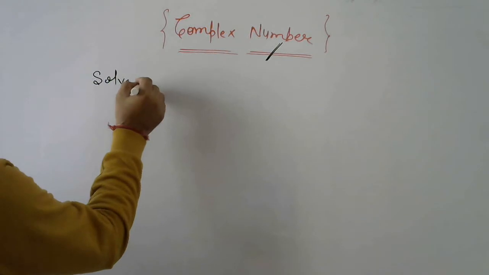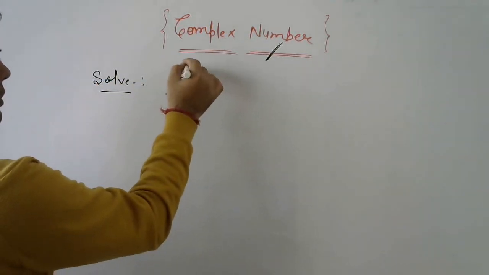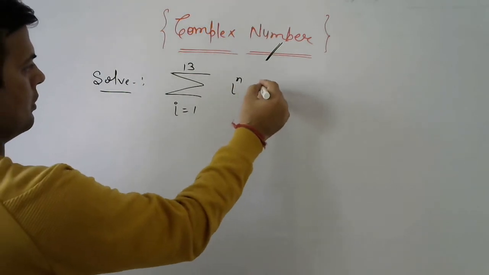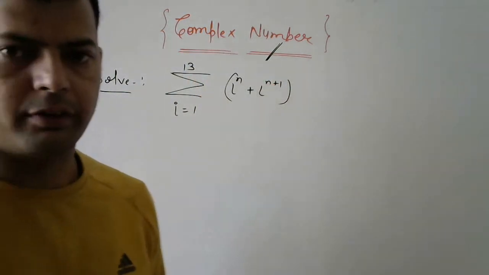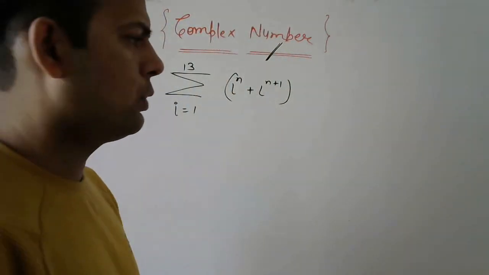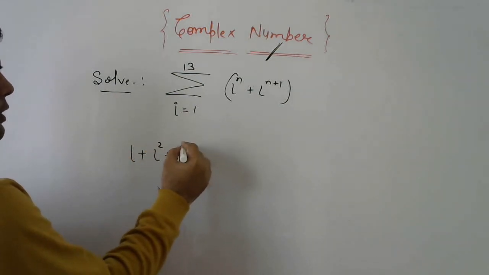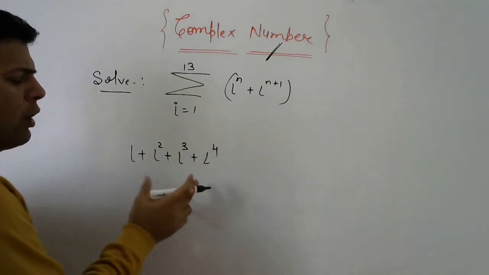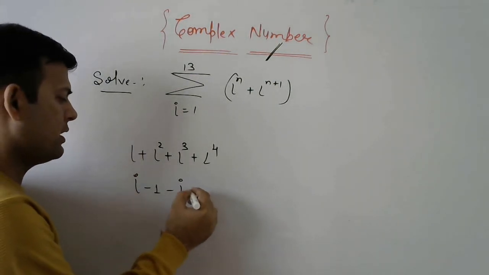Solve this. Before solving this, I give you a new concept also. Iota plus iota square plus iota cube plus iota 4 gives iota, minus 1, minus iota, plus 1.